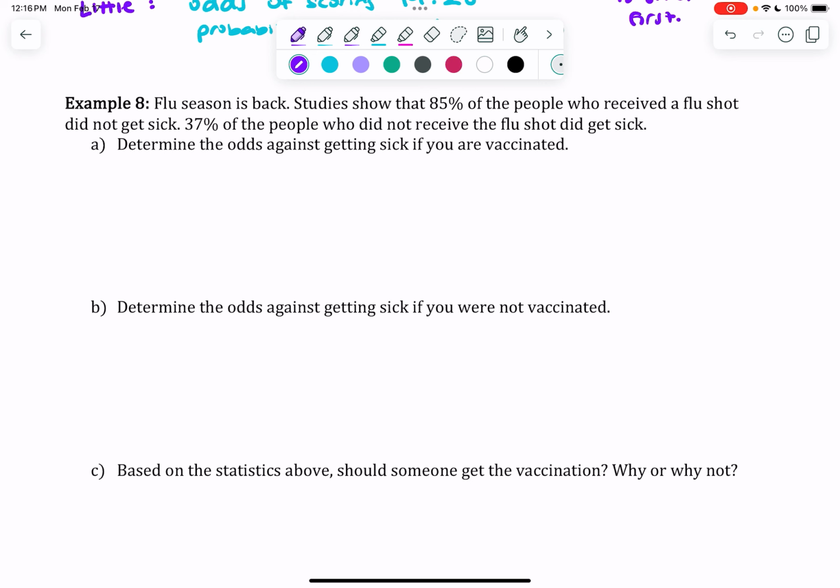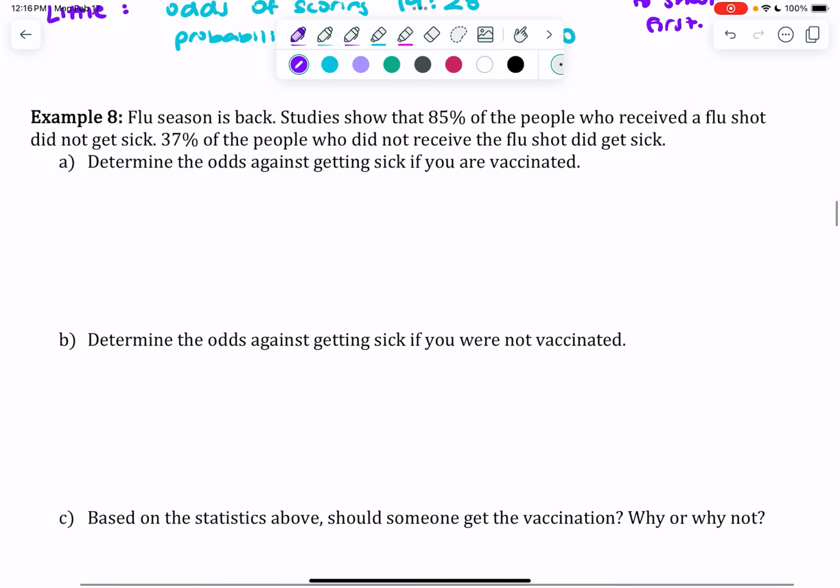So I want to determine the odds against getting sick if you are vaccinated. First of all, I have odds against getting sick, which means I want to talk about not sick to sick, right? Odds against means that not sick goes first. And I want to talk about if I am vaccinated.